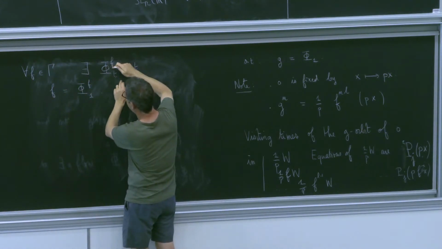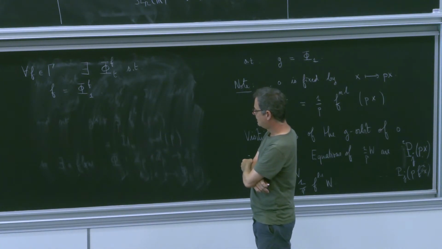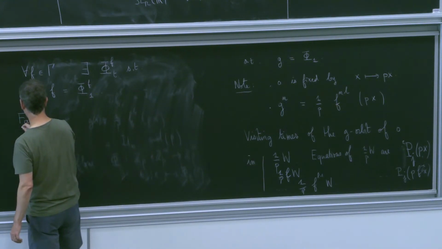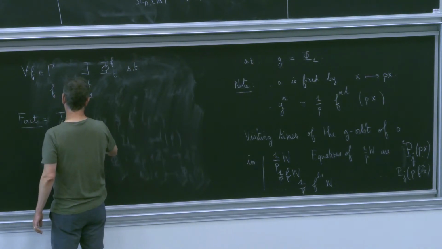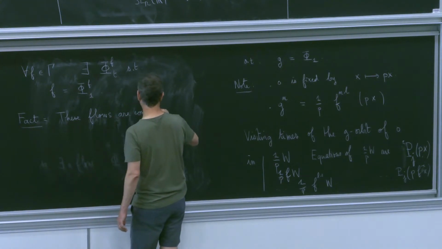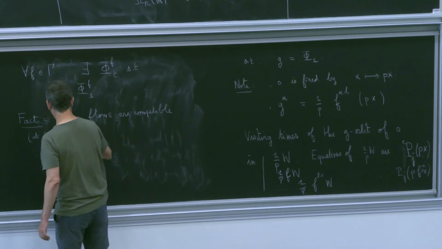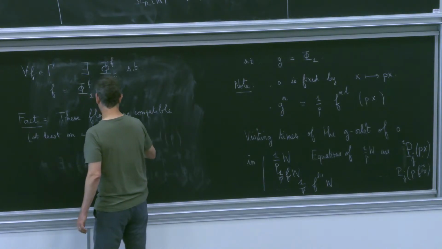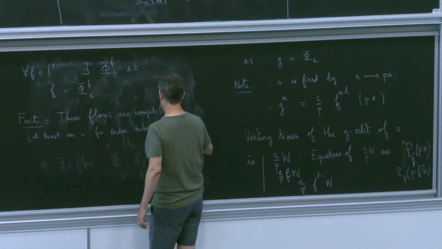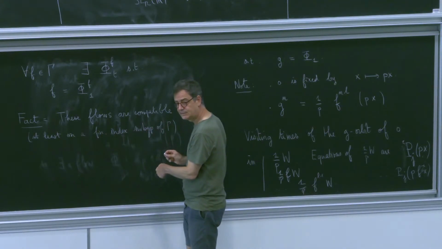So I put an F here, an index, to remember that it's associated to F. And the fact is that these flows are compatible, at least on a finite index subgroup of gamma. So if I replace gamma by a finite index subgroup, these flows are compatible in the following sense.